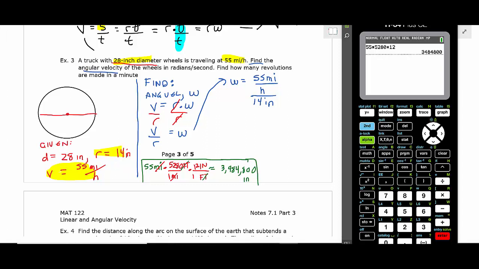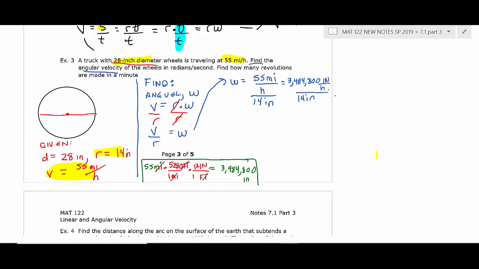So here's what we do now. The 55 miles is 3,484,800 inches per hour, all over 14 inches. These are going to cancel out: the inches cross out, and we end up with something per hour.